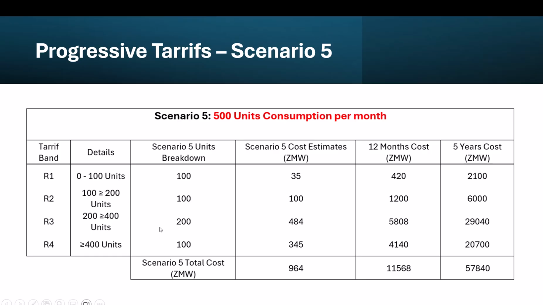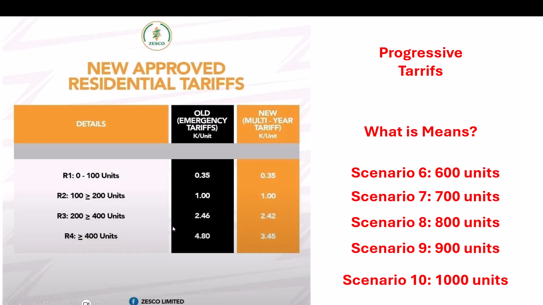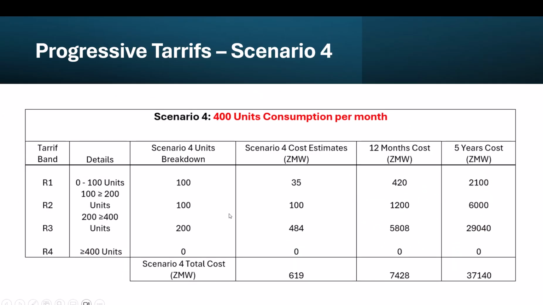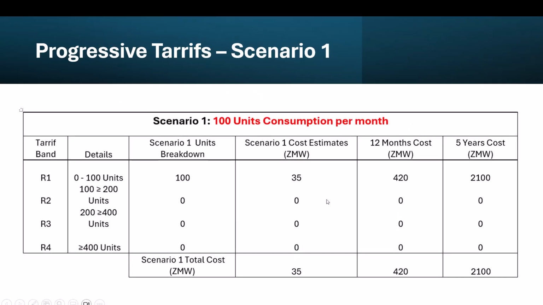So one question that will come to mind: why am I showing you the projection or forecast for 12 months and for 5 years? Essentially, holding the tariff band equal, this is the cost that you have to pay to ZESCO, which is the utility company in Zambia, for the next 12 months and the next 5 years, if you are within these bands.